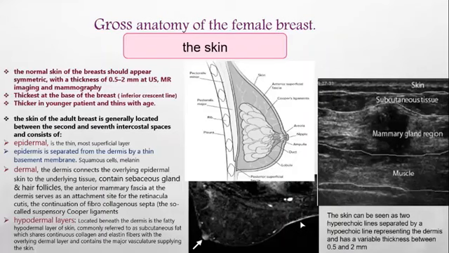Starting with the skin, the normal skin of the breast is thin. It should not be more than 2 millimeters. It ranges from 0.5 to 2 millimeters in all imaging: ultrasound, MRI, or mammography. But it's relatively thick at the base of the breast, and in younger patients.